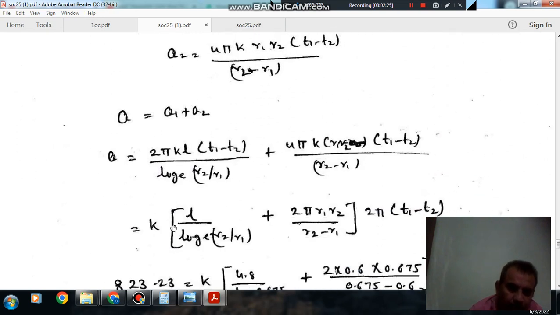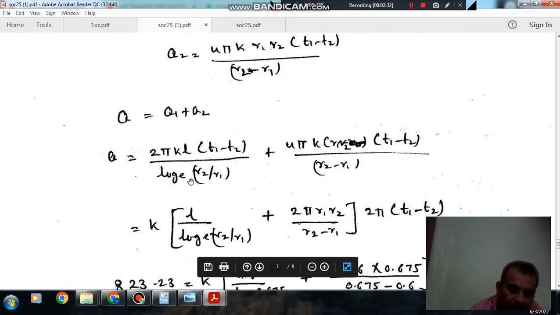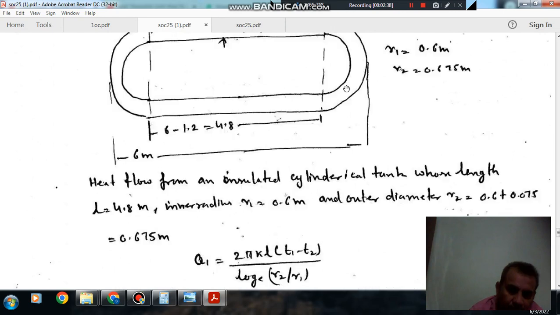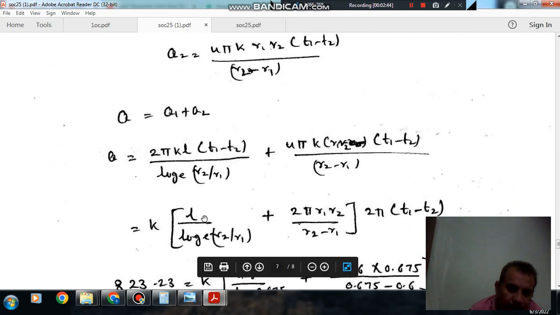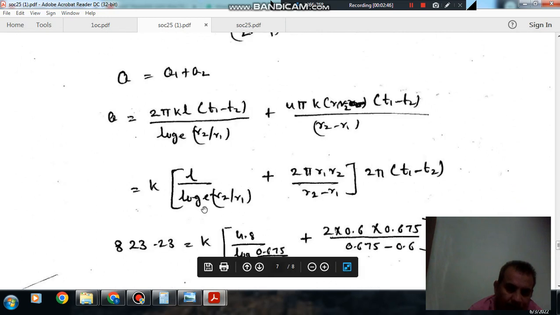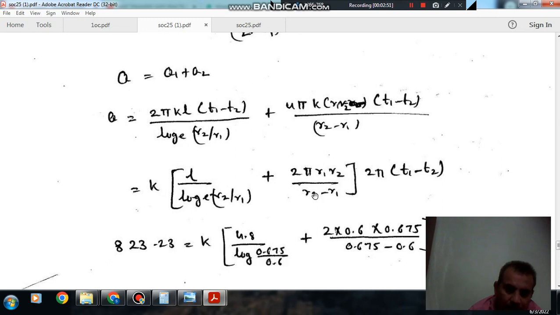We can take 2 pi (T1 minus T2) and K as common, because the conductivity is the same on the spherical and the cylindrical portion. So it will be L by log of R2 by R1 plus 2 R1 R2 divided by R2 minus R1.